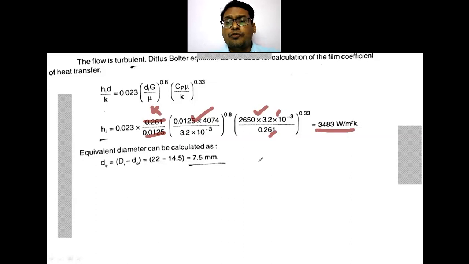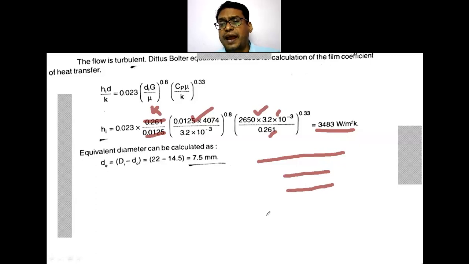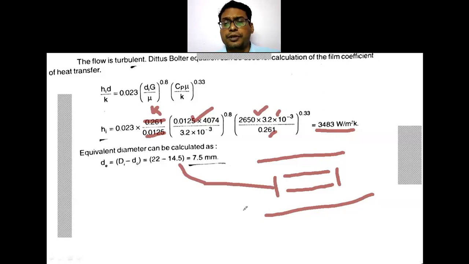Now we have taken into account the inside tube and the outside tube that is available. This is having the outer diameter of 14.5 millimeter, and here the inside diameter of the outer pipe is 22 millimeter.